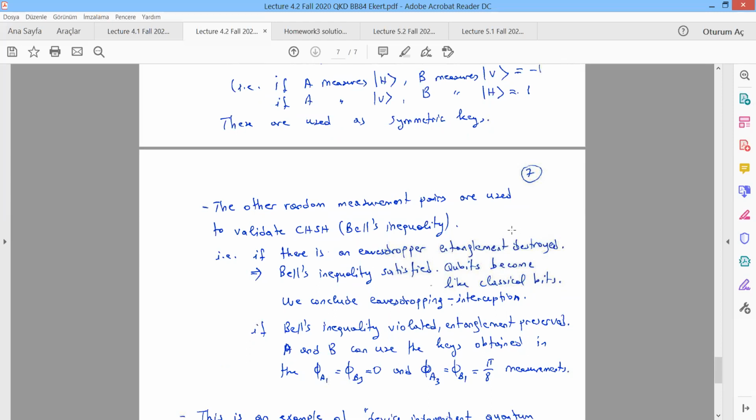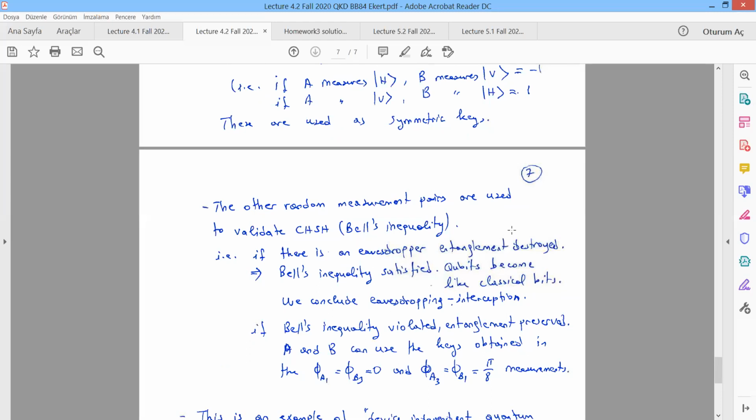So classically, the maximum success rate we discussed was 0.75. But now, using the results of the other measurements, we can compute this Bell inequality or CHSH inequality that we discussed.